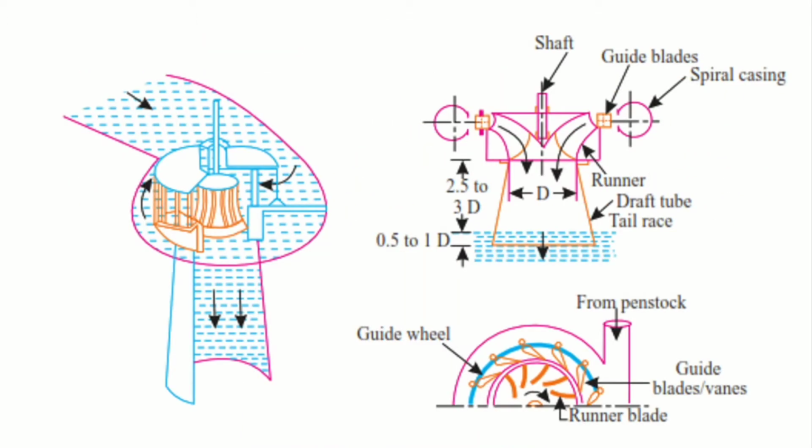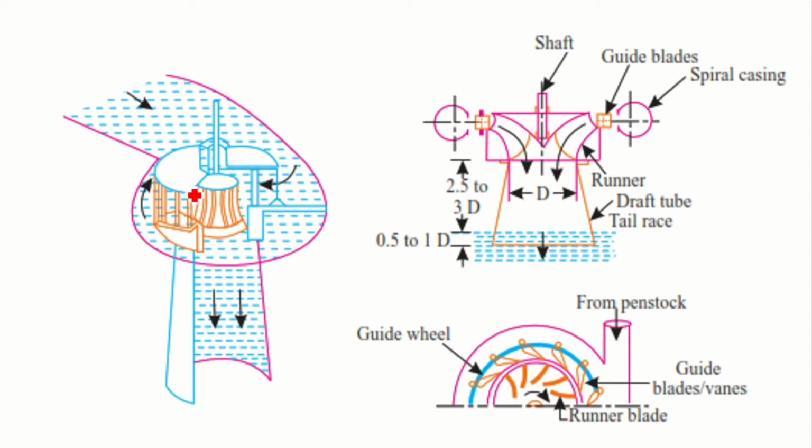These figures represent the schematic diagram of a reaction turbine. As I said earlier, the entire turbine blades are filled with water, unlike the Pelton or impulse turbine. Here there are two sets of vanes: runner vanes and guide vanes.